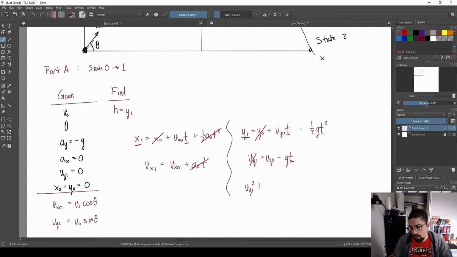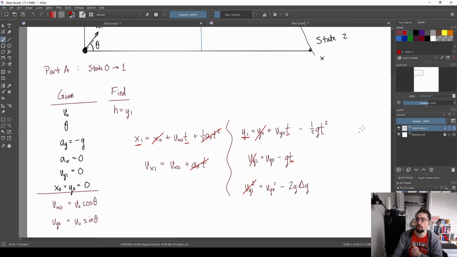Vy1 squared is equal to Vy0 squared minus 2g delta y. This one right here is of particular interest to me. Vy1 is 0. I've already got my acceleration plugged in. Delta y is y final minus y initial. So that's just y of f, right?